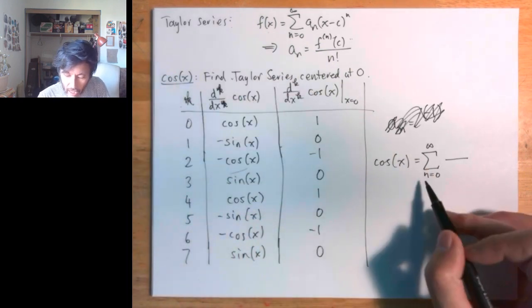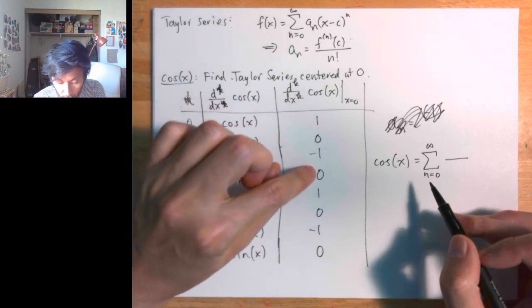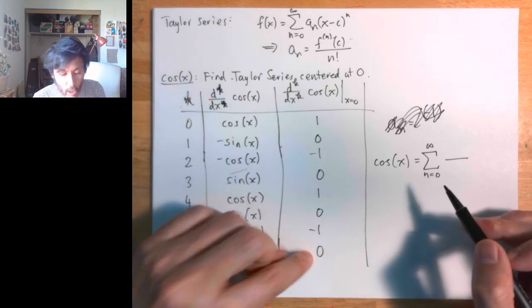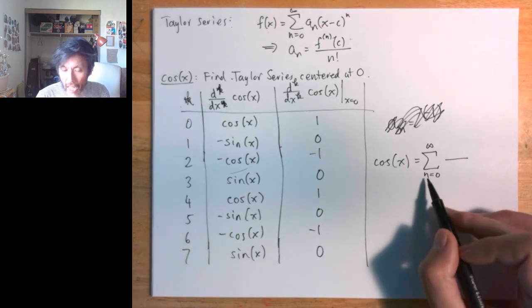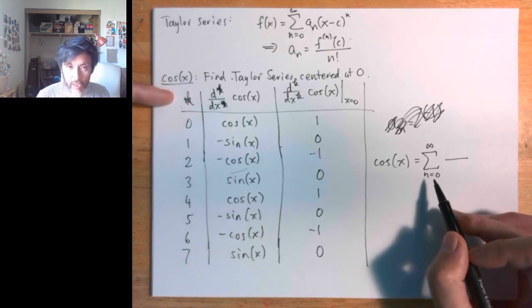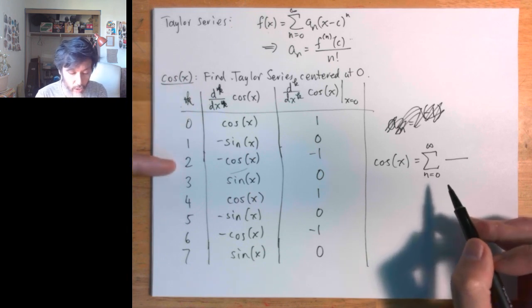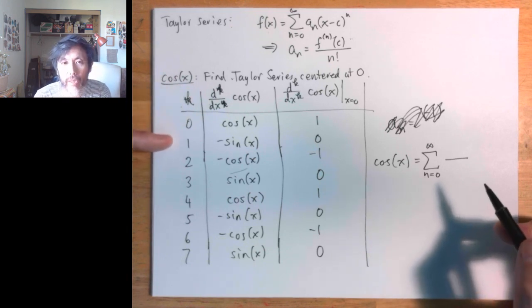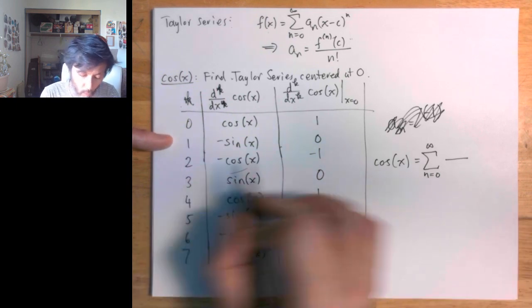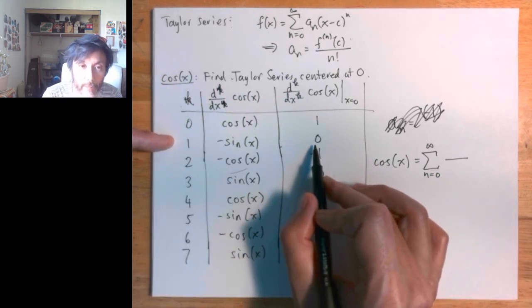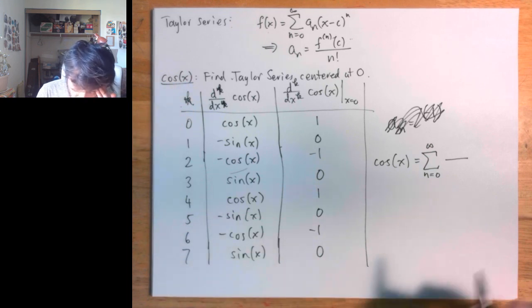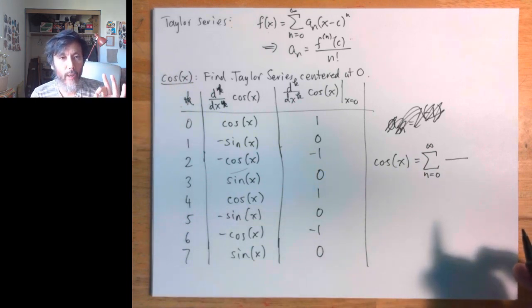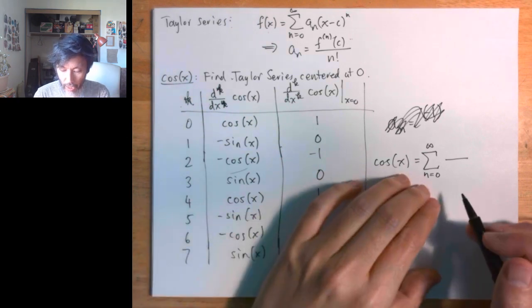And because we are ignoring the odd terms here, we don't need to think about what happens in between. Let's say when n is 0, we're going to get k equal to 0. When n is 1, we're going to get k equal to 2. So it seems like we've skipped k equal to 1, right? But in fact, we're going to ignore it because that coefficient is 0. So if we're only thinking about the even terms, we can do that.